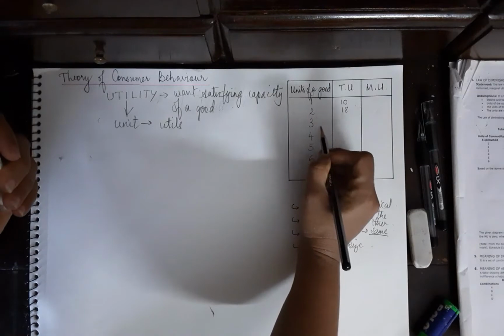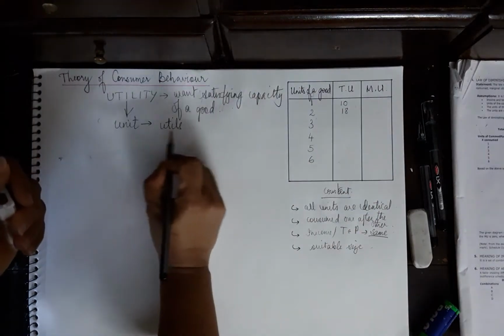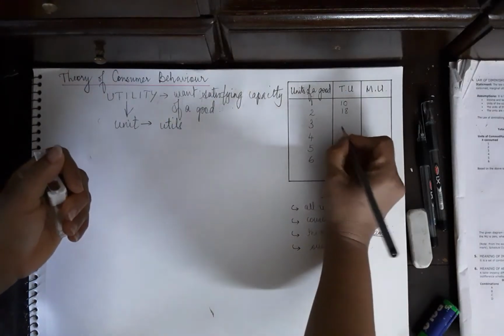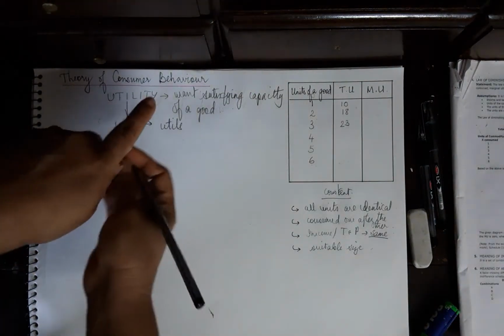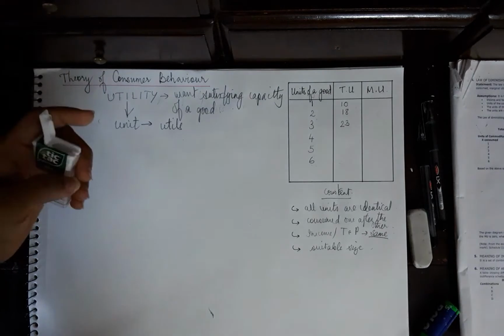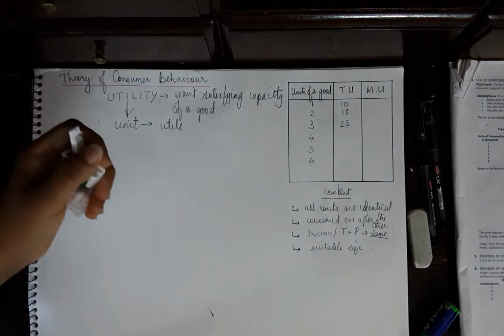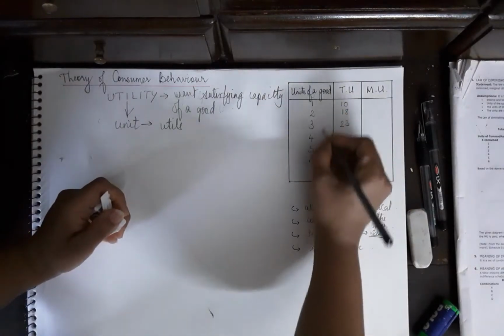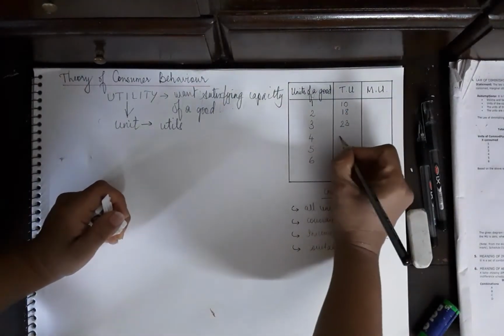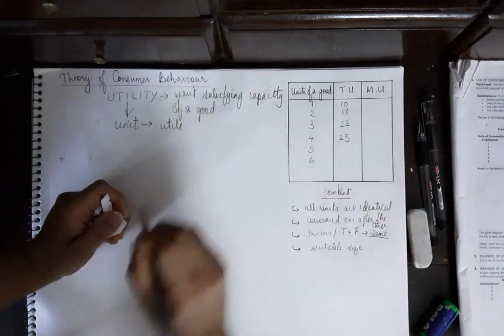I'll say now I have a total utility of maybe 23 utils. Okay, going for the fourth one. Now I'm feeling a bit like I don't want to have too much of it, but still I'm having it. So total utility I feel is 25.